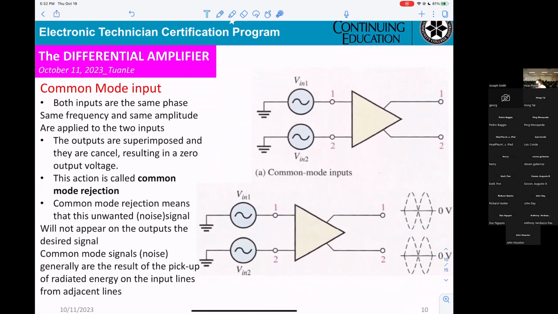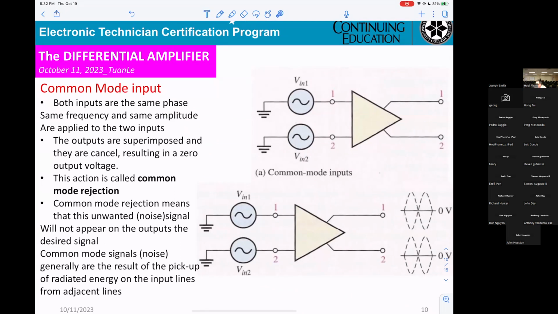Common mode input. Both inputs are the same phase, same frequency, same amplitude, applied to the two inputs.